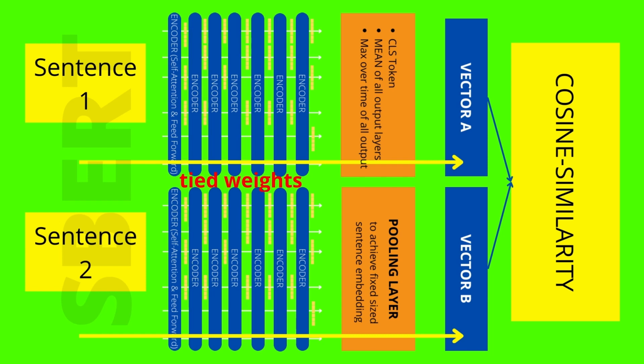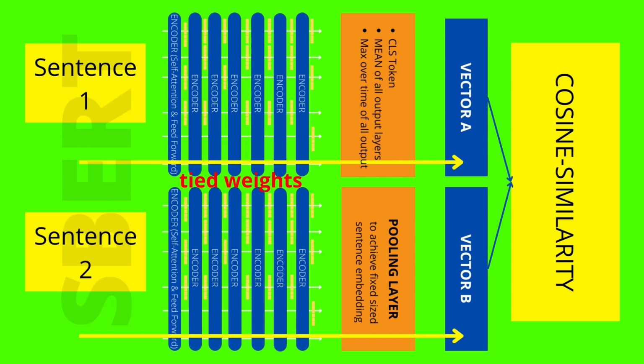We have a BERT model with 12 stacked encoders. And each encoder has an output for each and every word. And then the output of our BERT model goes into a pooling layer. And the pooling layer you see here in orange has only one job: to achieve a fixed size sentence embedding. This is it.